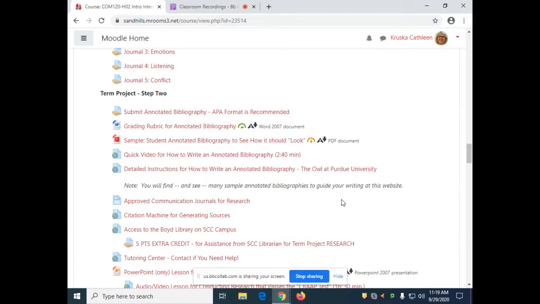Your sources have to be current, and it's usually within the last 5 years. You usually don't want to go too far before that, because honestly, with technology today, we can have current information. So it should be current. 5 years is about the range.